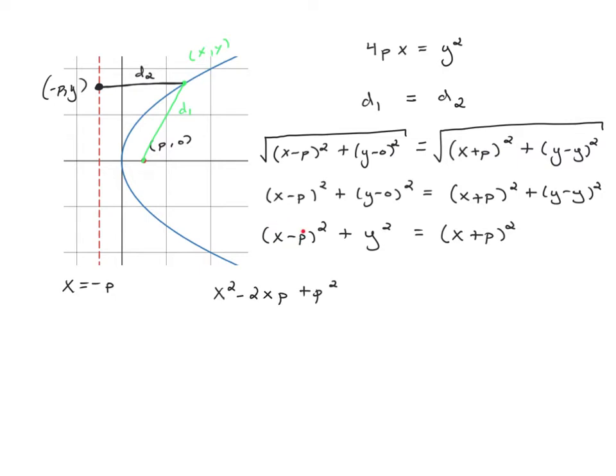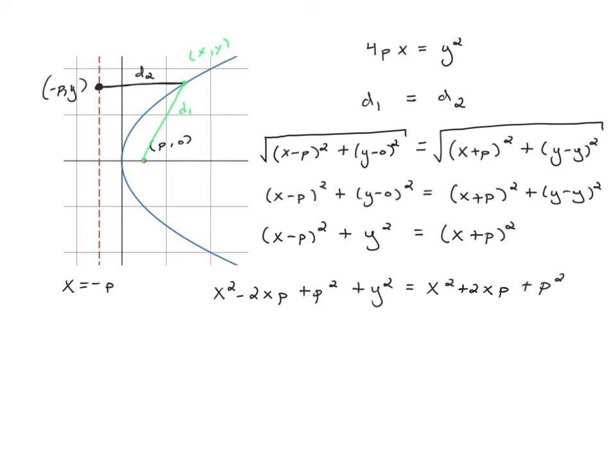You get x times negative p, but you get 2 of them. I'll add on this y squared, and that's equal to whatever I get if I square this thing out. You get x squared. You also get p squared, but again, you get 2 middle terms. You get an xp, and then you get a second one, so you get 2xp.